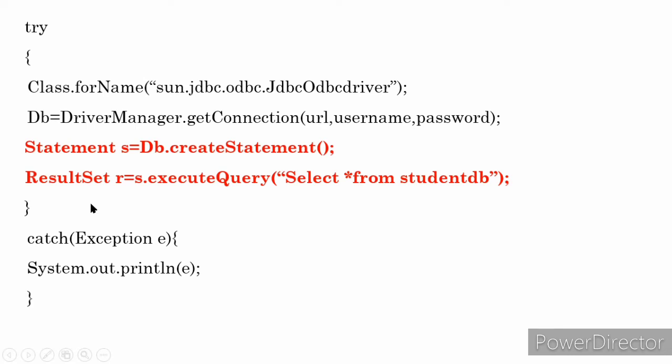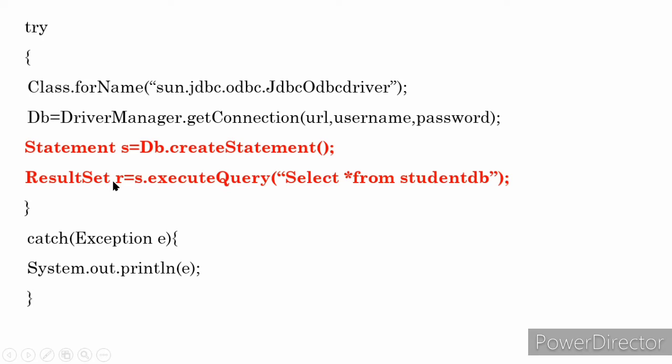First we are loading the driver, next we are making a connection with the database. Using this connection object we are creating a statement, and using this Statement object we are executing a query, that is select star from student database. Whatever result comes from this executeQuery, we are storing in a ResultSet r.